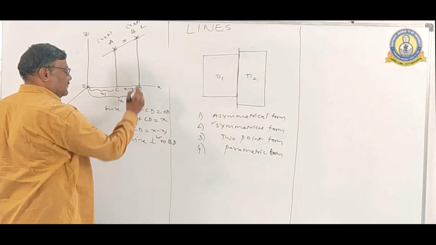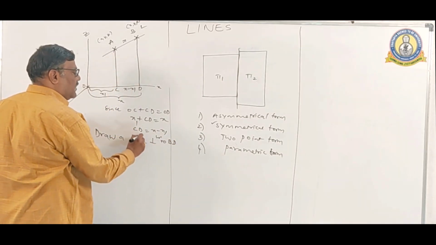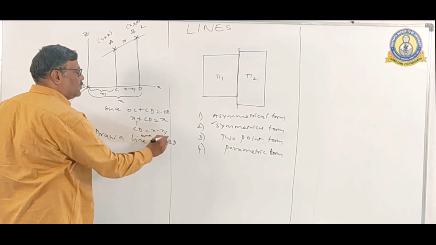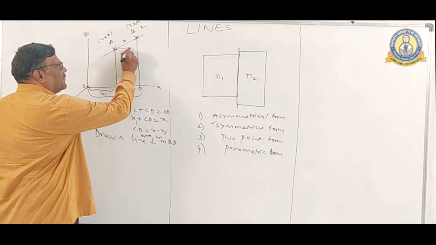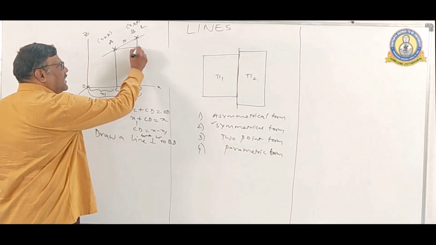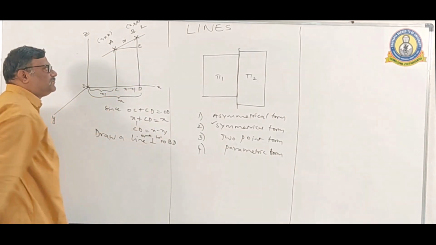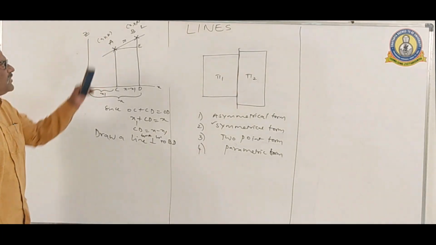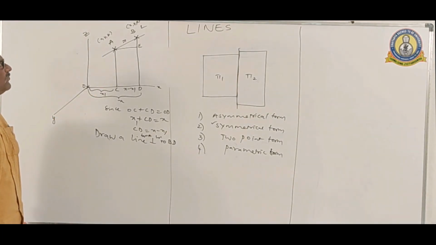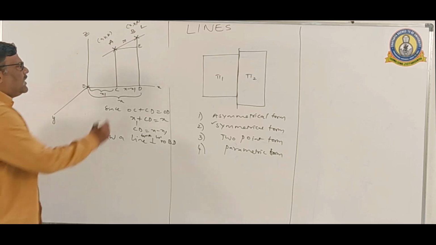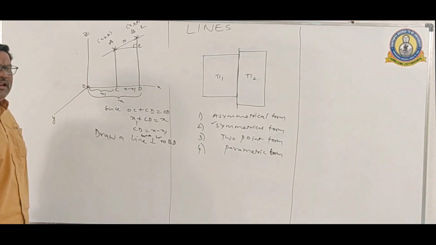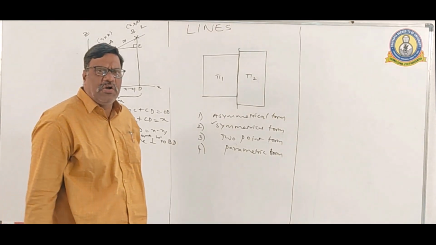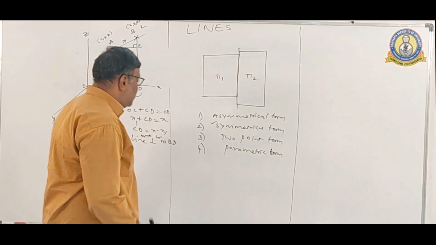So, draw a line from A perpendicular to BD. This line meets BD at E. Now, if you observe this figure, the figure AEB is a right angle triangle where angle AEB is equal to 90 degrees.